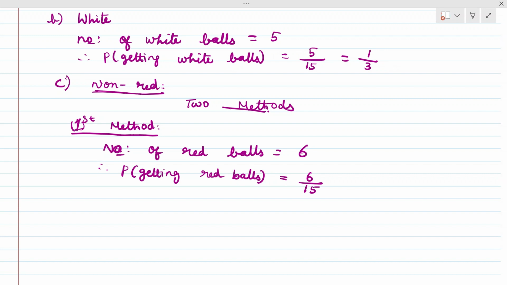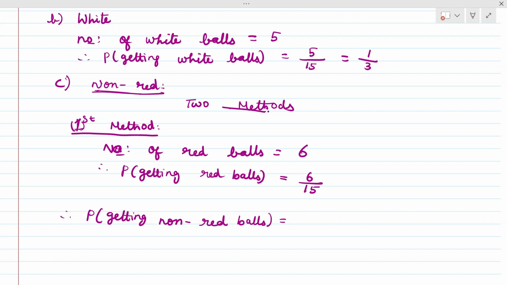Now, what do we actually want? The probability of getting a non-red ball. We don't want red. I have already told you the total probability is 1. There is nothing greater than 1 in probability.